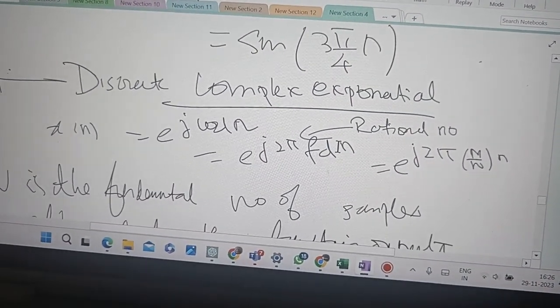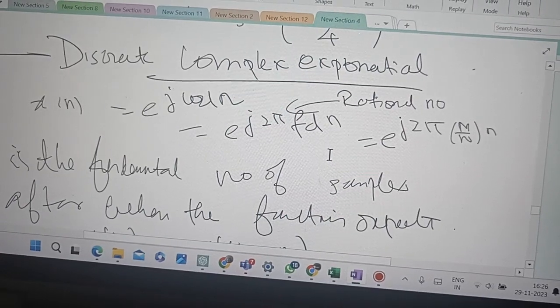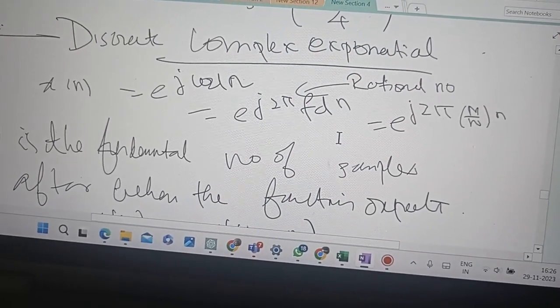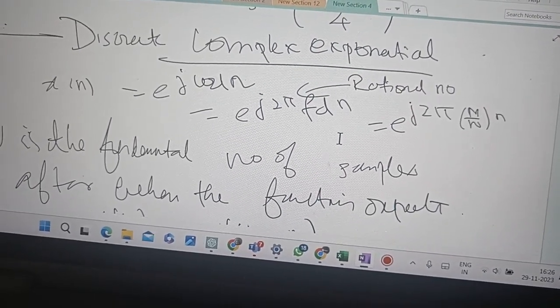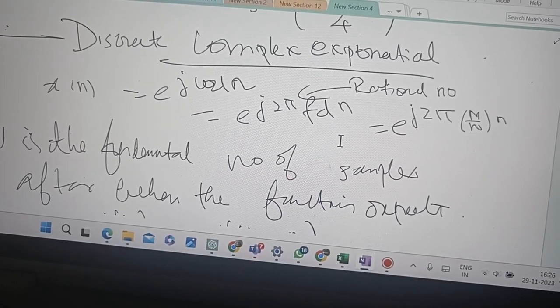Discrete complex exponential: x(n) = e^(jω n).